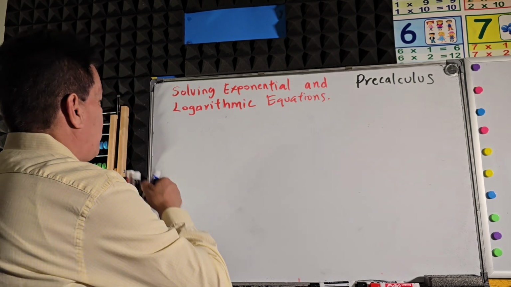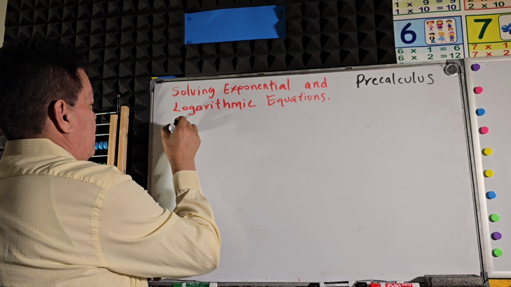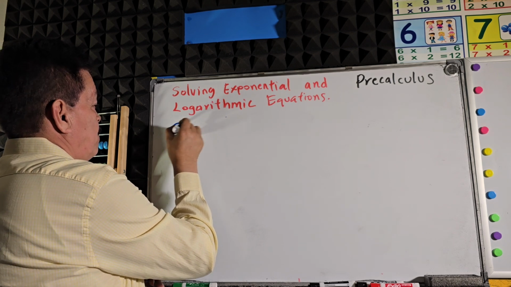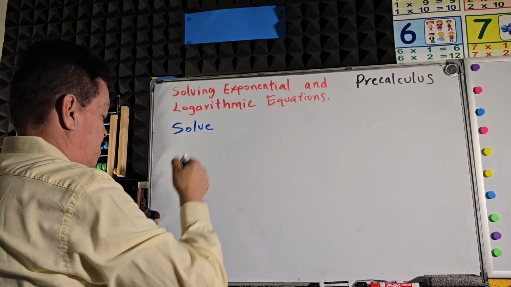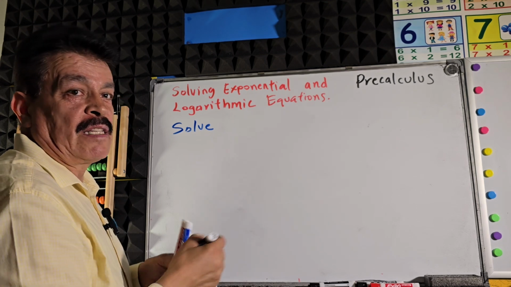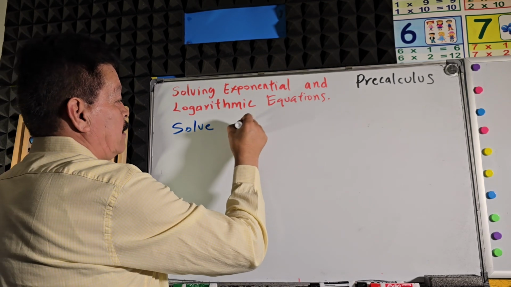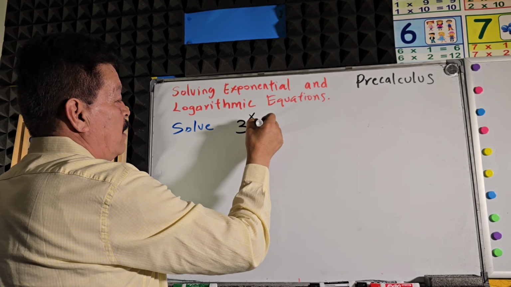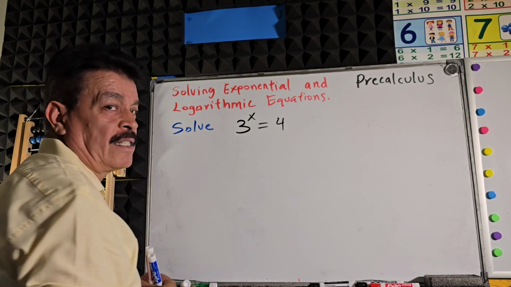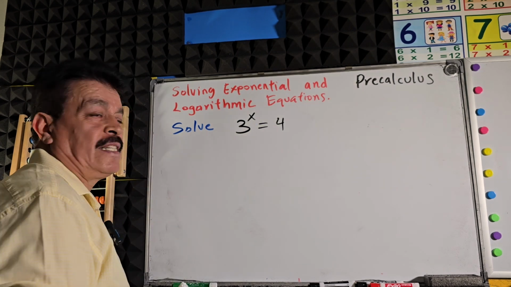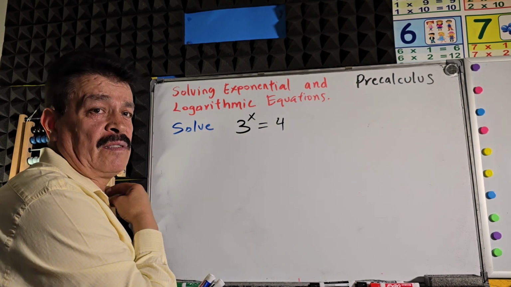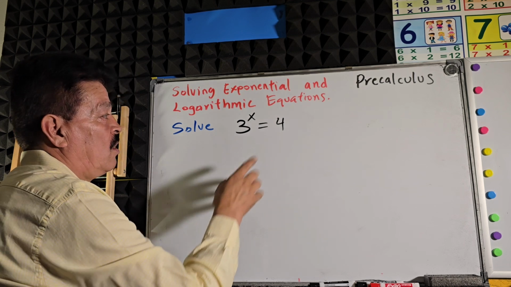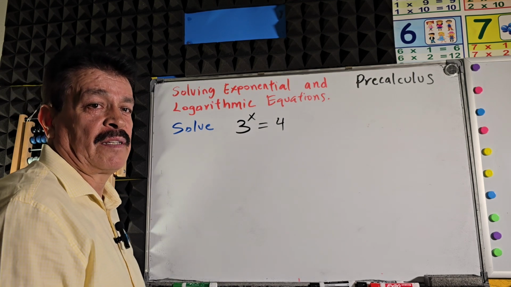Let's write the problem like this: 3 to the x power equals 4. This is an exponential equation using logarithms.